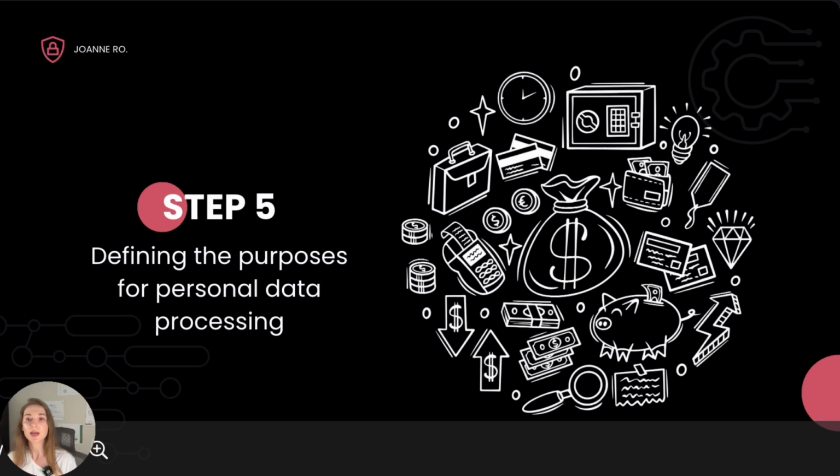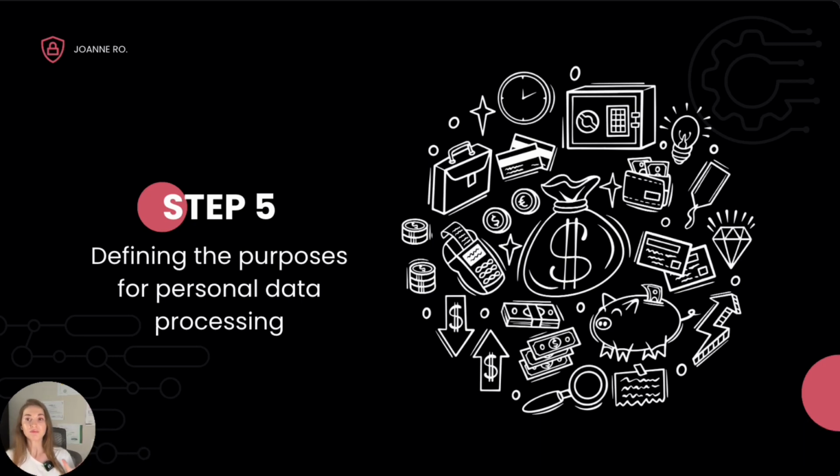So what is next? Our next step, we can see, is that we'll need to define the purposes for personal data processing. Under most legislation like the GDPR and CCPA, you'll also need to state for what purposes you use personal data. For instance, GDPR requires not only indicating the purposes of personal data processing, but also the justification of each of these purposes. So actually you need to have a legal basis for the processing of this piece of information.